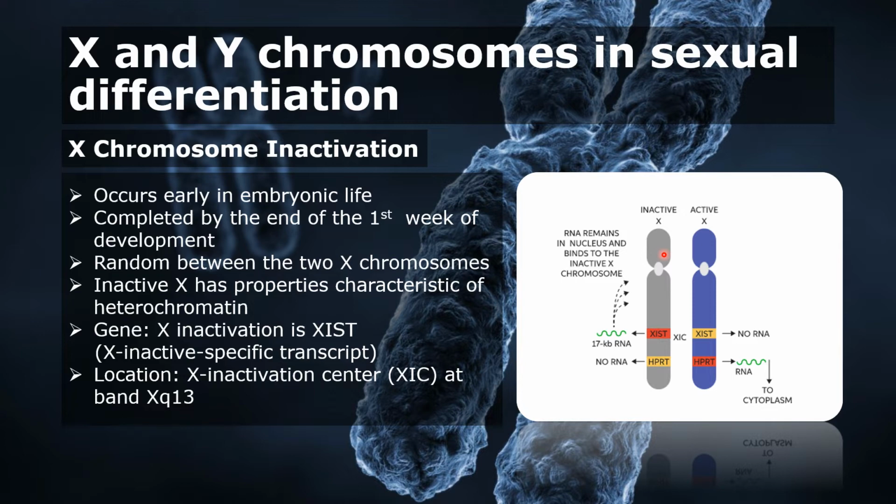Okay. Currently, in the cytogenetic field, the technique for detecting the inactive X is based on the fact that it is late replicating, and it involves the use of, I think, bromodeoxyuridine.